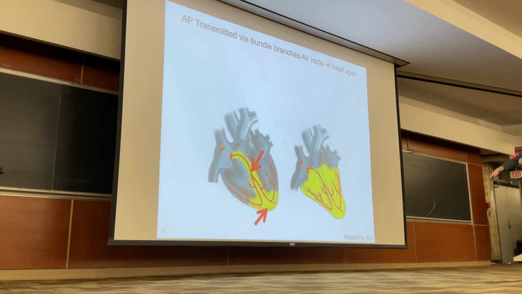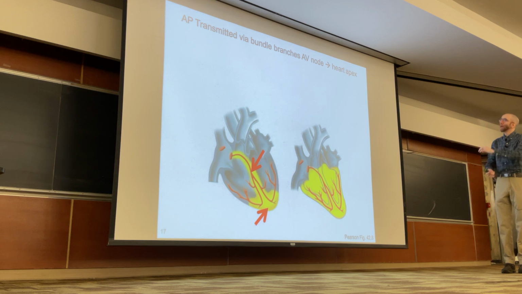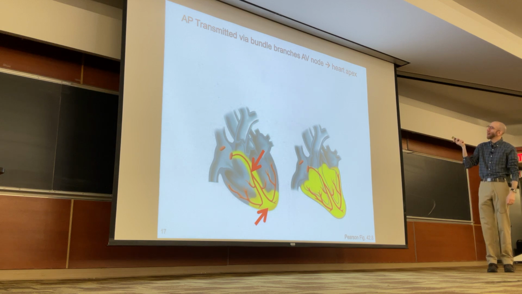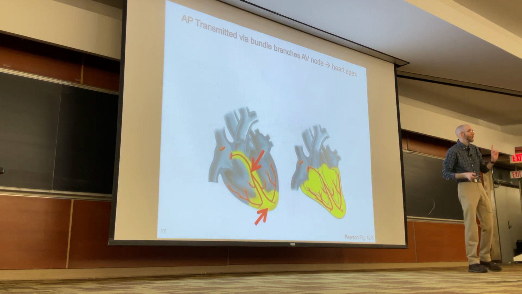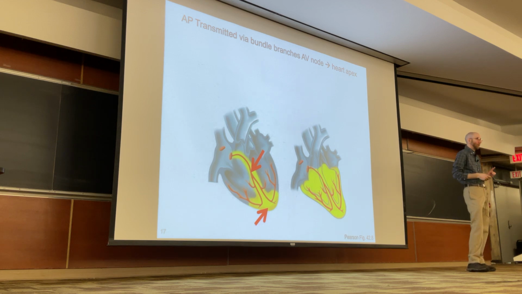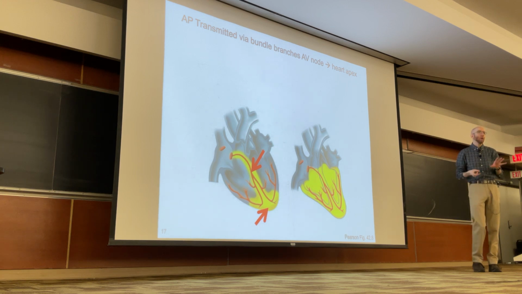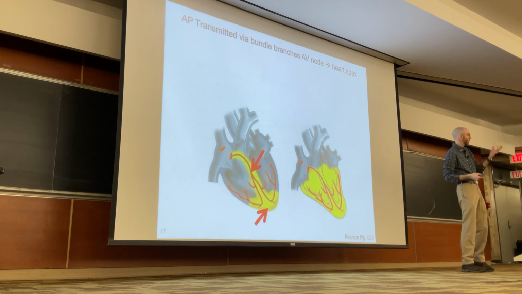So yeah, the next thing that's going to happen is we're going to transmit that action potential from the AV node all the way down to the heart apex. It's really important that we're not doing a contraction at this point. So we're going to go down these bundle branches, which are these fibers right here. We're not going to do a heart contraction of the ventricles at this point.